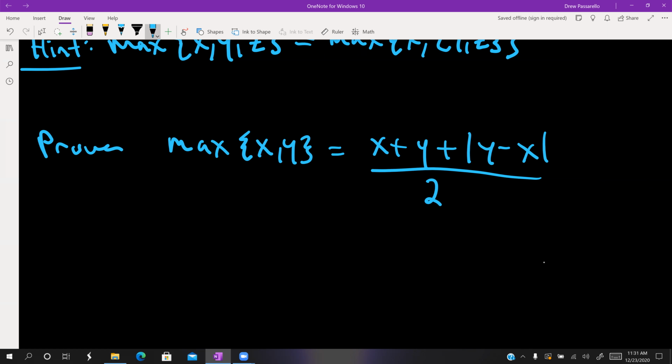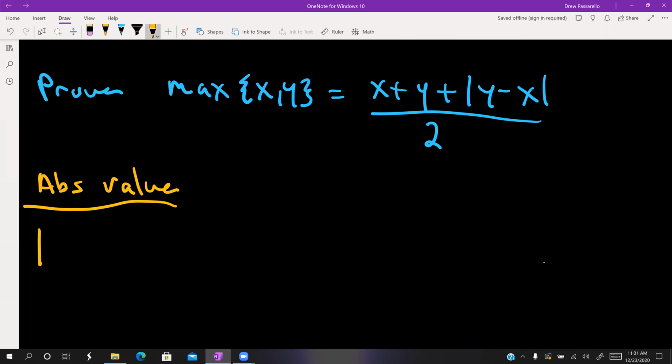Something to make note of with absolute value: we know the absolute value of some number a is equal to a if a is greater than or equal to 0, or it's equal to negative a if a is less than 0.